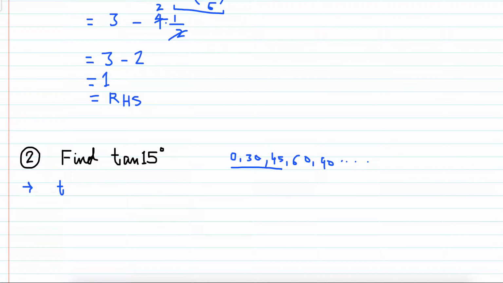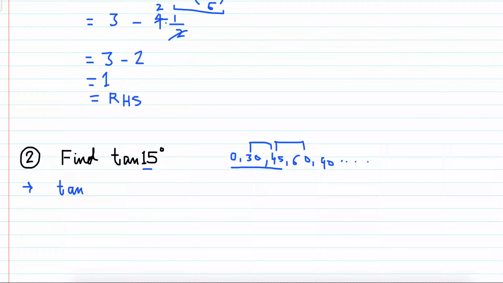So we have to express 15 in terms of a sum or difference of these. Clearly 15 is a small value, so we have to pick some difference. Either we can pick 60 and 45, or 45 and 30. Here the difference is 15, and here also the difference is 15. So we can pick one of these.